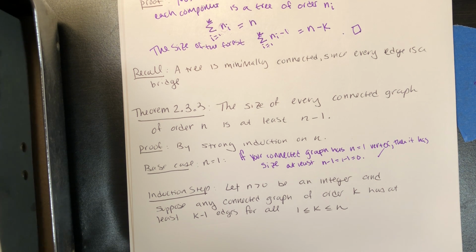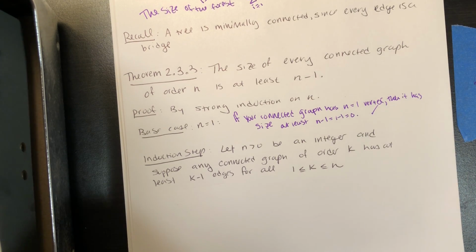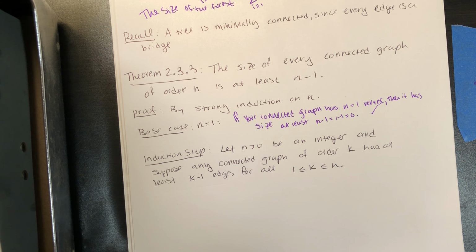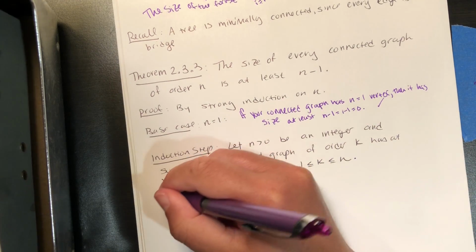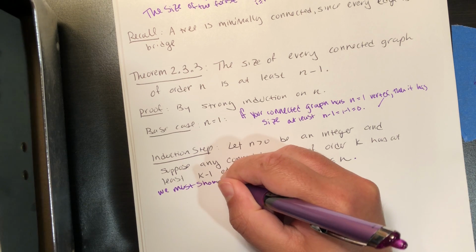Okay, so to prove the induction step, let n be an integer greater than 0, and suppose that for any connected graph of order k, that graph has at least k minus 1 edges for every k between 1 and n. All right, we must show that the statement is true for n plus 1.